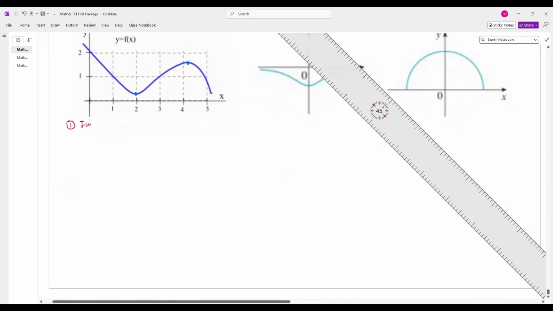I would like to find the critical numbers. In this case, it will be x equal to 2 and 4.2, where I have the local minimum and local maximum.